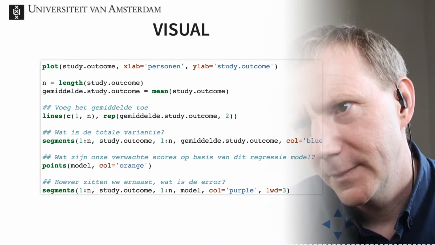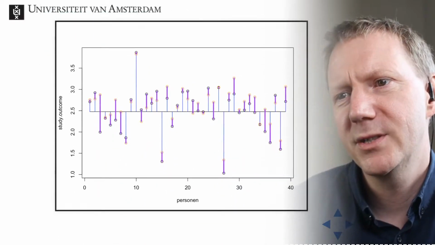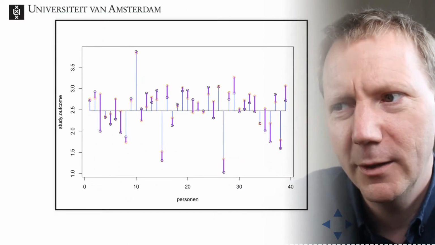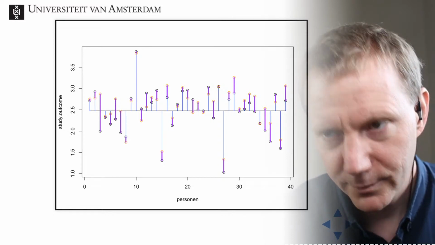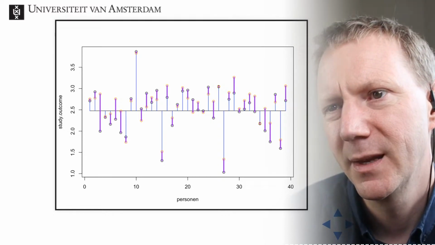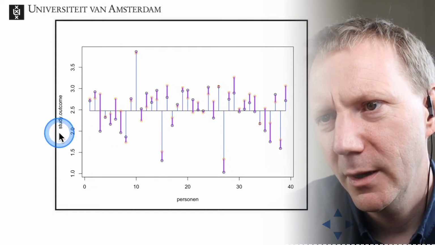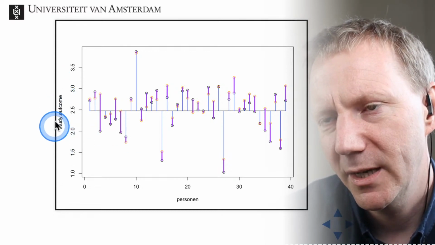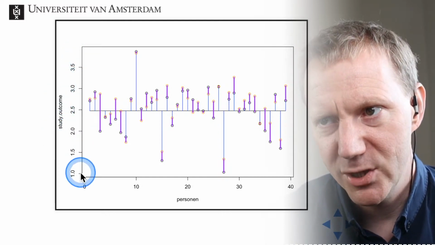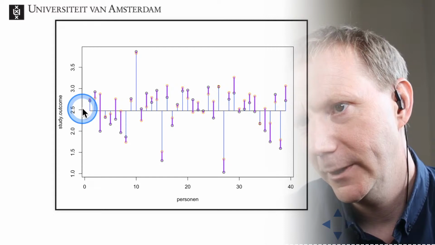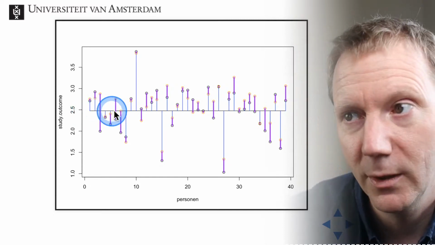Now visual, in terms of explained variance, what I've done here again is plot all the individuals on the x-axis, and plotted on the y-axis is the study outcome. So if I calculate the average of the study outcome, I will get the horizontal line.